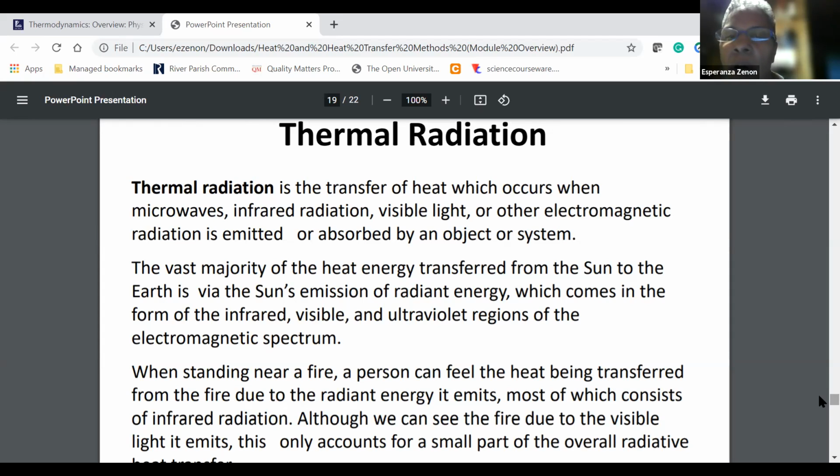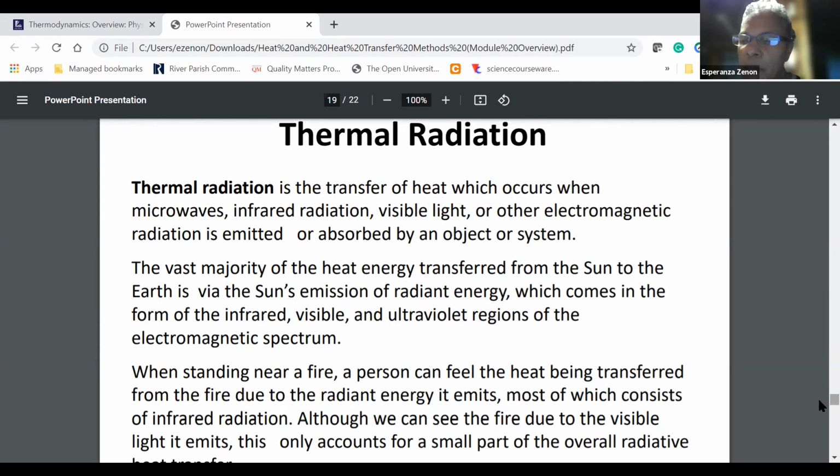We're talking about all types of light on the electromagnetic spectrum. That can be microwaves, infrared, UV, visible light, radio waves. It can be all sorts of electromagnetic radiation. So, heat transfer by way of light.